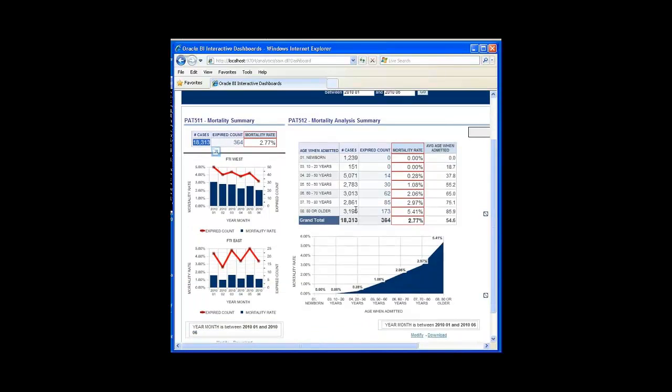Over in the middle here, we segment the same information by age category. So based on the date of birth relative to the admission date, we're grouping patients into 8 or so categories, and I'm looking at the number of patients I had relative to the number of deaths for that patient population and computing a mortality rate.